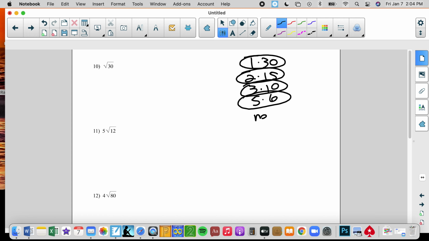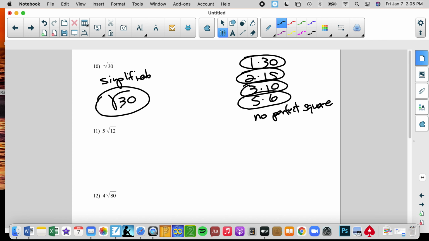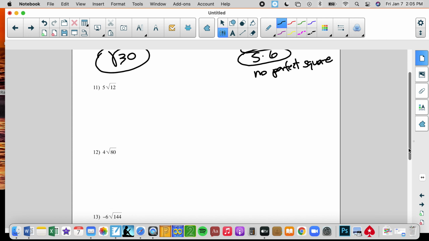There are no perfect squares. None of the factors are perfect squares, so this is simplified. I can't simplify this anymore. This is simplified completely, so my answer would be just rad 30. Can't change it to anything else.